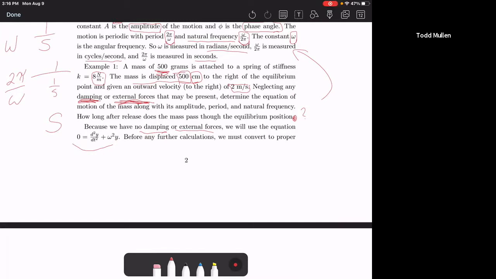Since it's been displaced 500 centimeters, that's 5 meters. So we'll say y of 0 is equal to 5. That's our initial position. And its outward velocity, of course, velocity is the derivative of position with respect to time, and that's equal to 2. So at time 0, we have y equal to 5 and y prime equal to 2.